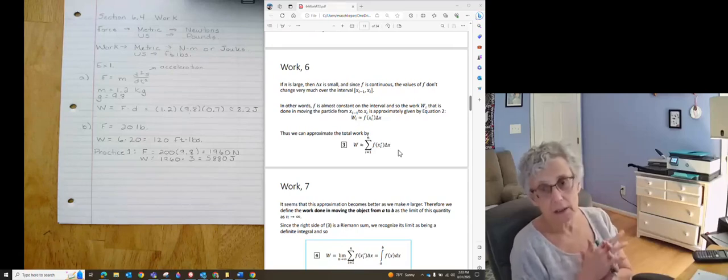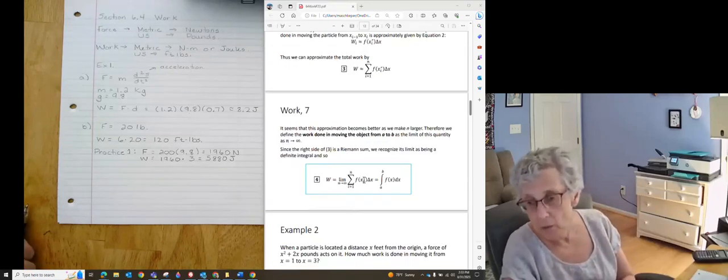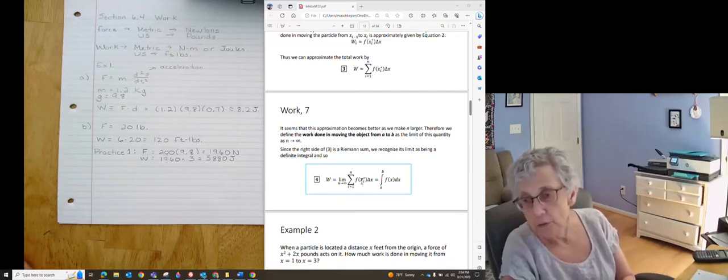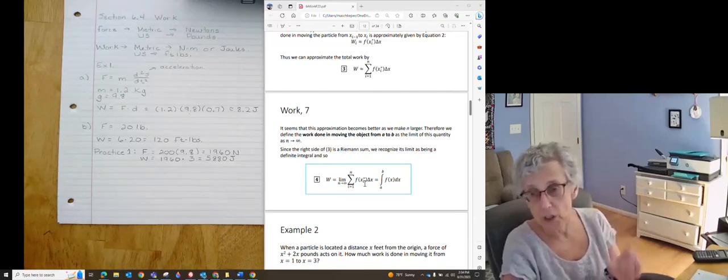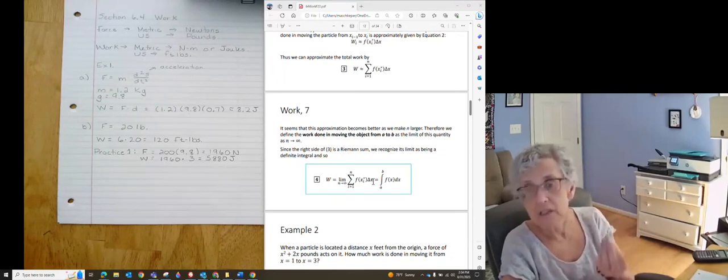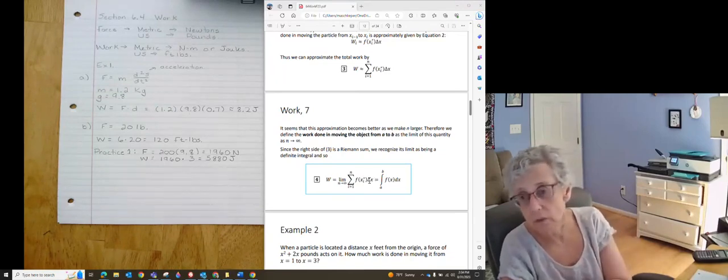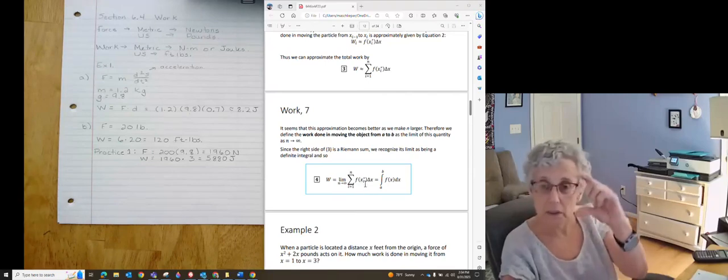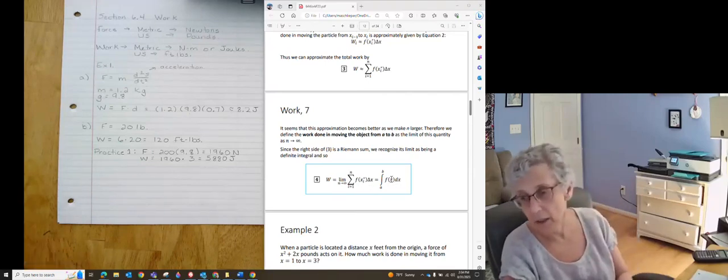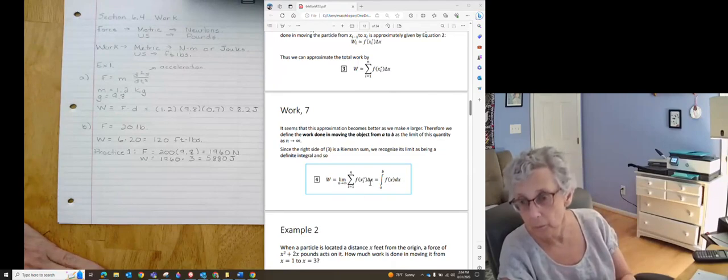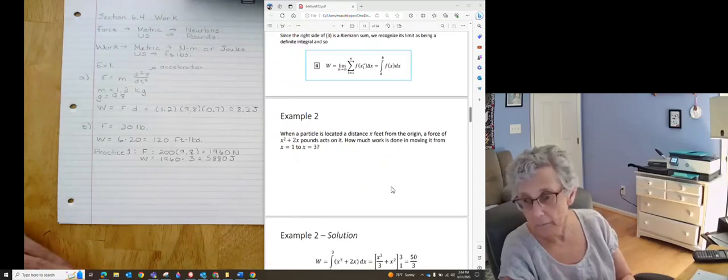It sounds like an integral, because we're looking at a summation of the force, f of x sub i, times the distance that each one moves. So delta x would be the distance, and f of x sub i would be the force. So we take the integral from a to b.